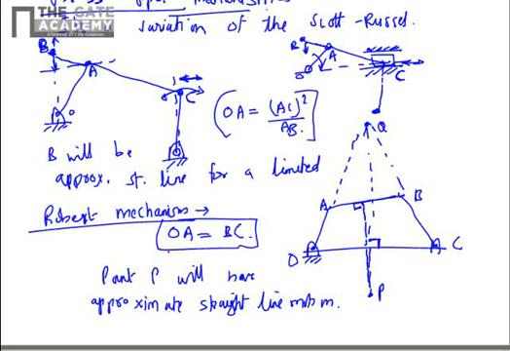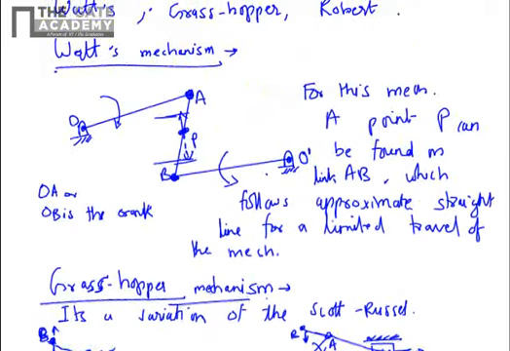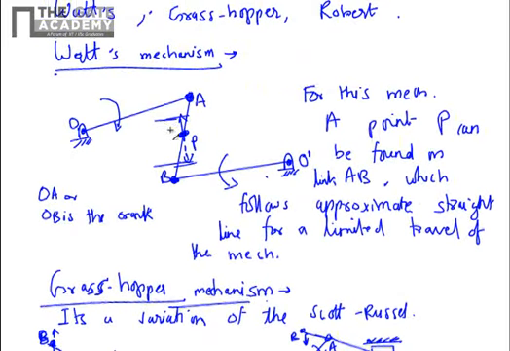What you have observed here in approximate straight line motion mechanisms is that all of them are simple 4-bar chains, and there is a special criterion satisfied, like OA is equal to AC square by AB in the Grashof mechanism, and OA is equal to BC in the Roberts mechanism, and then you can get a point. In a Watt mechanism, there is no special condition, but you can get a point on the coupler link such that it follows the approximate motion. So these definitions come in handy in the analysis of other complicated mechanisms.